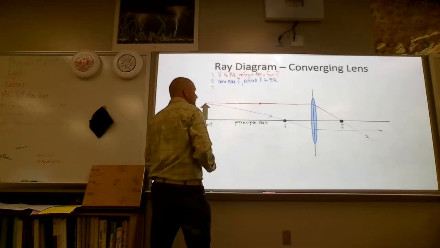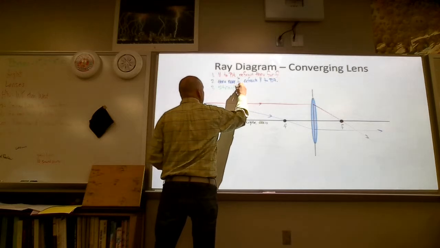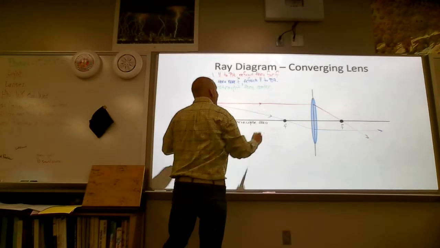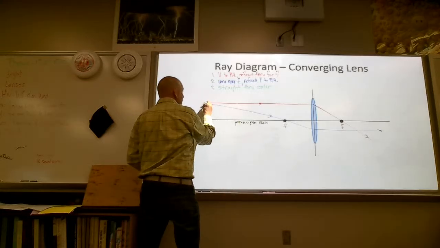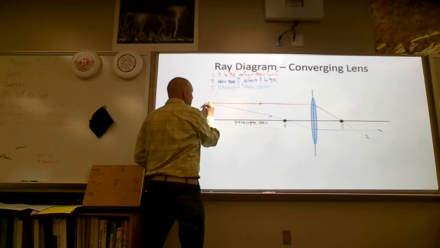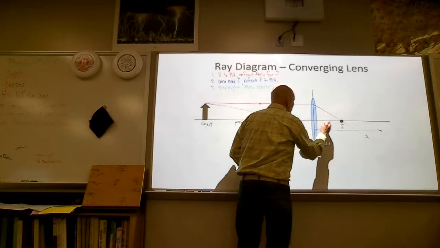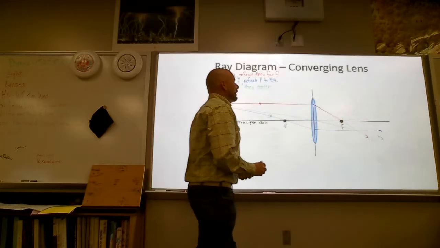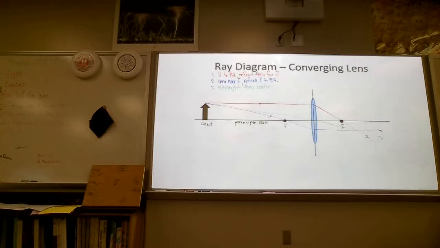Third one's the easiest. This goes straight through the center. Always start at the top of the object. Straight through the center. Hopefully, if you drew it right, they're all going to intersect at the same point.